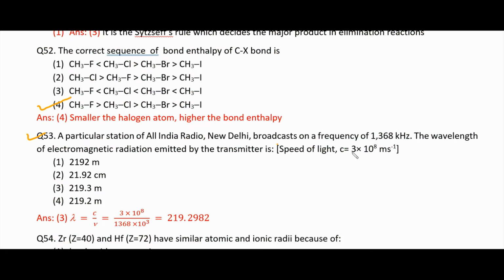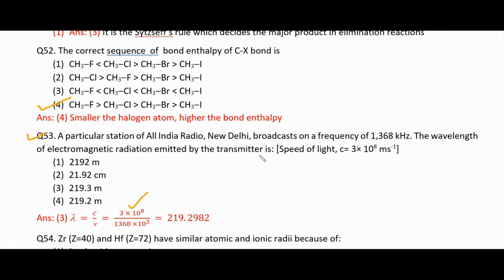Speed of light is given, c equal to 3 into 10 raised to 8 meter per second. For this, we have a relationship: wavelength lambda equal to c by nu, where c is the velocity of light and nu is the frequency. The velocity of light given is substituted here, 3 into 10 raised to 8.